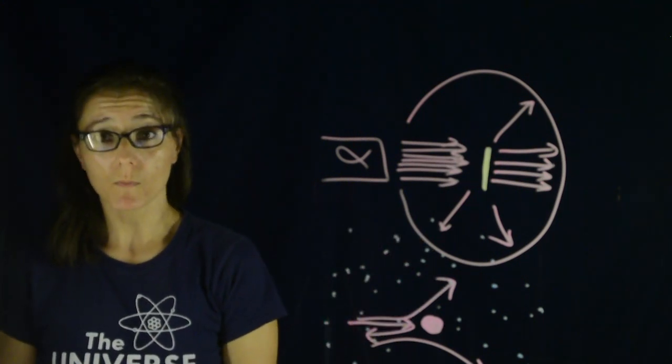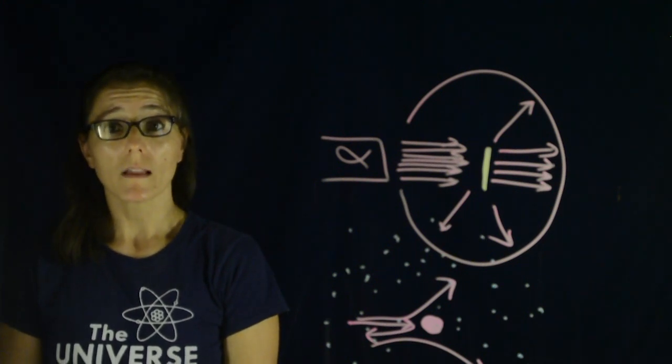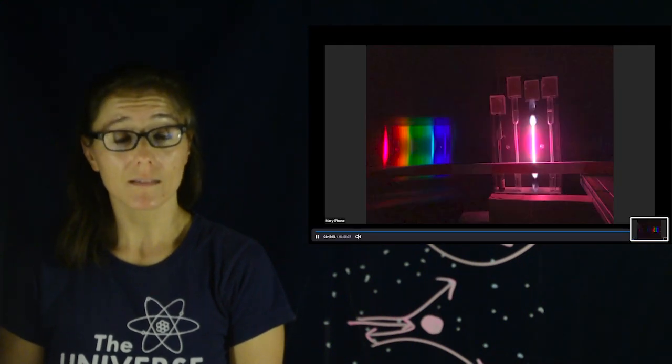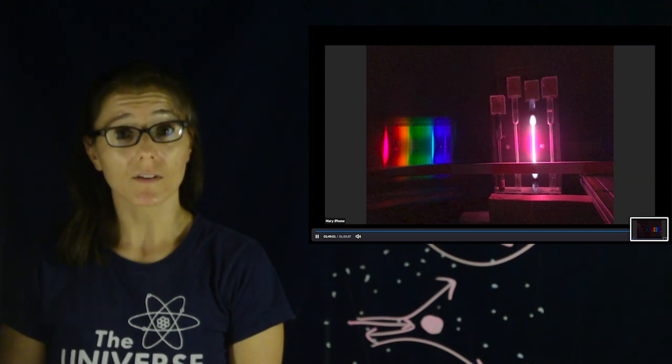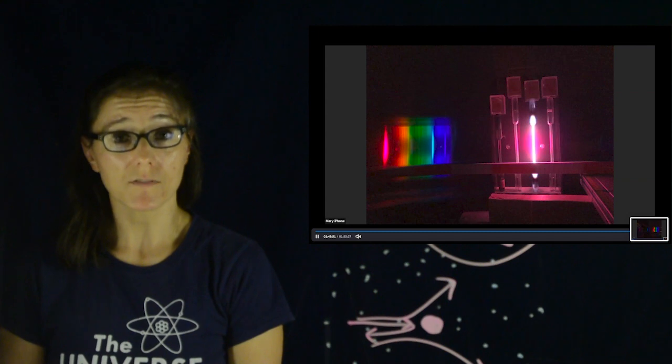Then along came Niels Bohr, and we saw some of what Niels Bohr's work was last week when we did interference and diffraction, when we looked at hydrogen gas and we put it under pressure and electricity, and we could see distinct red, teal, and purple lines being emitted by the hydrogen lamp.